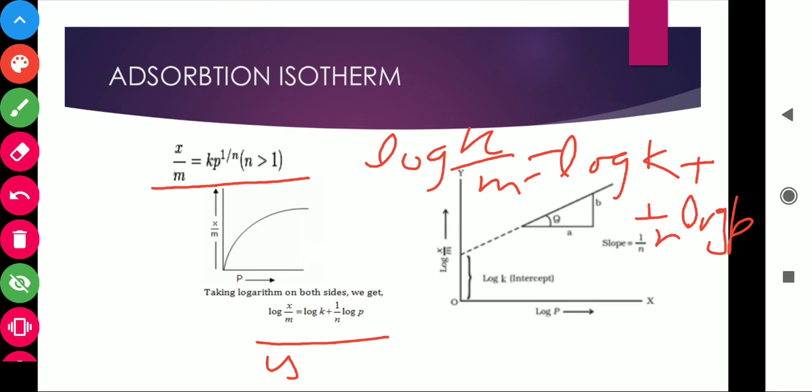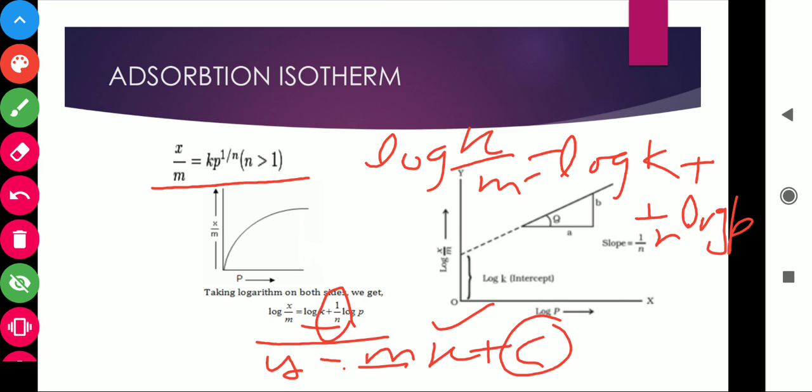Now we will compare it with y is equal to mx plus c. Then what is the value of c? c is equal to log k. And what is the value of m? It is 1 by n. When we draw the graph, the intercept gives the value of log k and the slope gives the value of 1 by n.